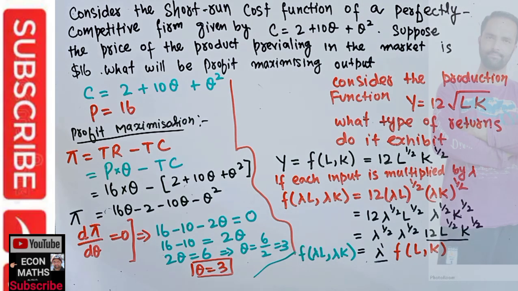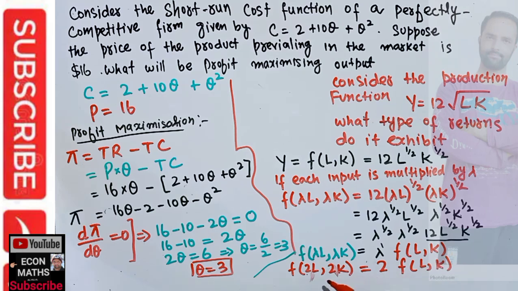Let me show it here. In place of lambda, let us suppose each factor is multiplied by 2, that is f(2L, 2K). That means if labor is doubled, and capital is also doubled, what will happen? Our output has in fact doubled.